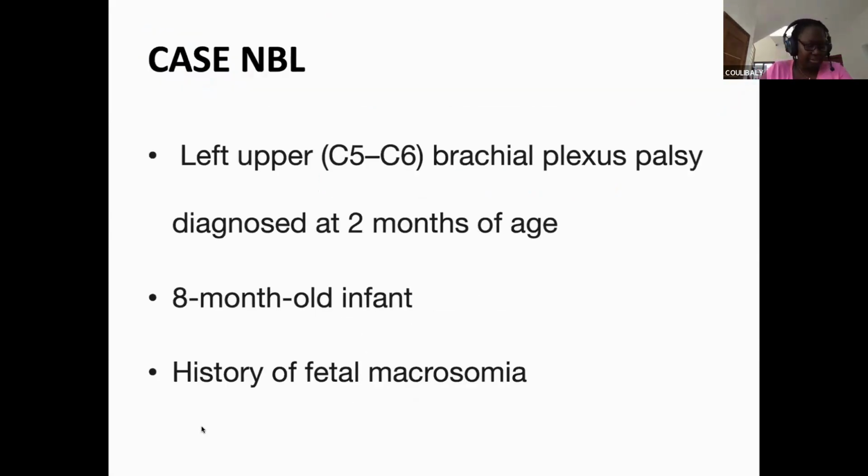This is a little girl who was referred to our hand surgery department. She was 8 months old, and the paralysis had been diagnosed when she was 2 months old. Her mother reported a history of shoulder dystocia during delivery, and she weighed more than 4 kilograms at birth.